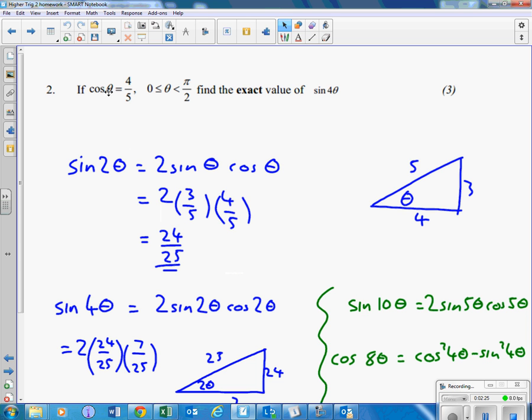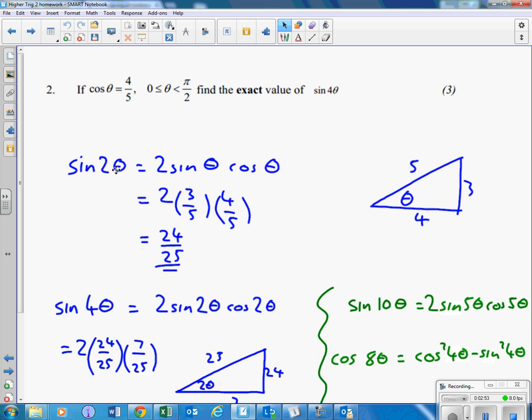Number 2, we're told cos theta is 4/5. And we're told the angle is between 0 and pi by 2, or 0 and 90 degrees if we like talking about degrees. As for sin 4 theta, now it's quite difficult. We can work out sin 2 theta, which we need to do first. So we've got cos theta is 4/5, so again 3, 4, 5 triangle, just like the previous question.